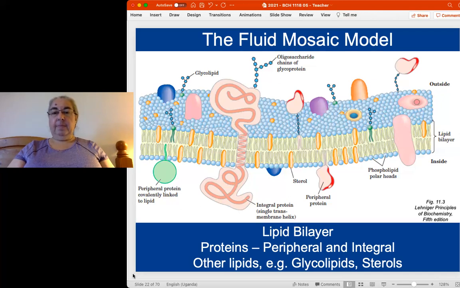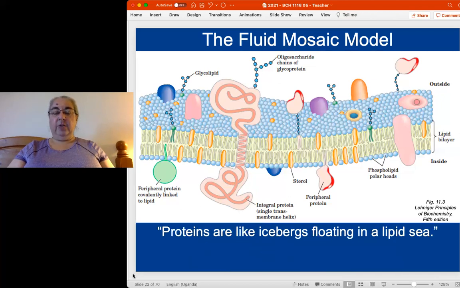Okay, so why is this called the fluid mosaic model? Well, when it was first proposed, it was described that the proteins are like icebergs floating in a lipid sea.